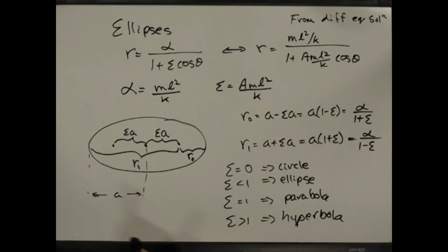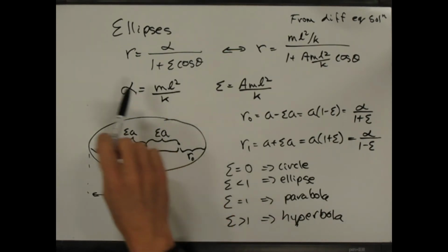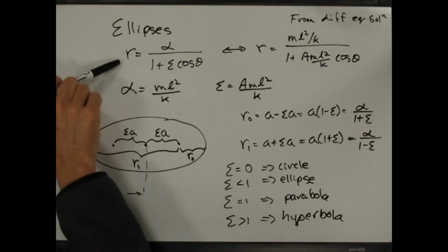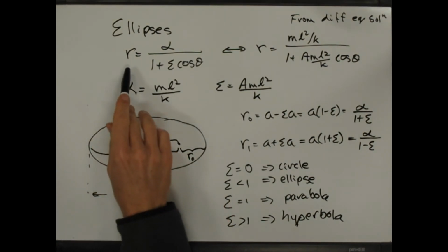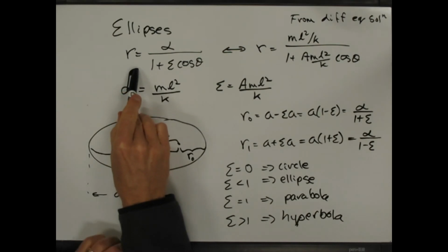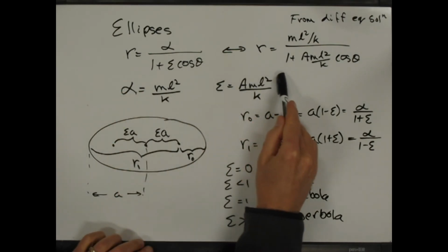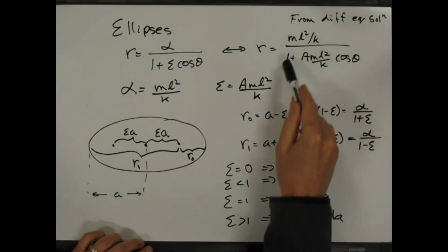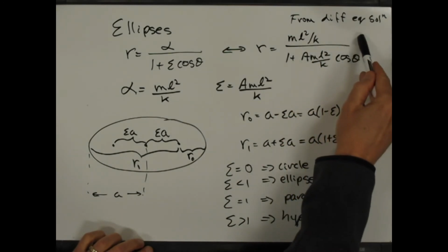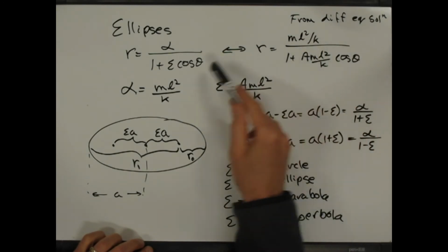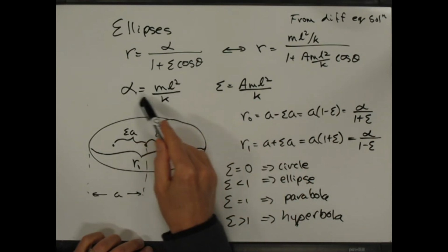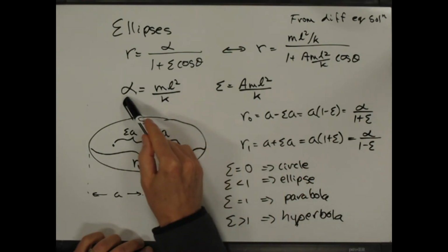So our last little thought about ellipses, well, maybe not our last, but some concluding thoughts, are that this is our general formula for ellipses, and this was the general formula that we arrived at the end of our differential equation solution for the orbit. And so if you compare these two, you can say that m l squared over k gives you the latus rectum of the ellipse, right?